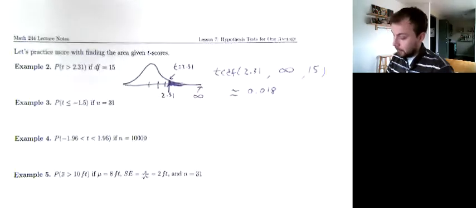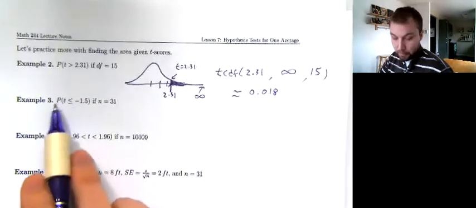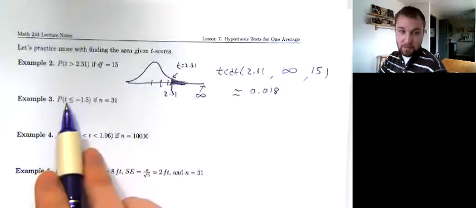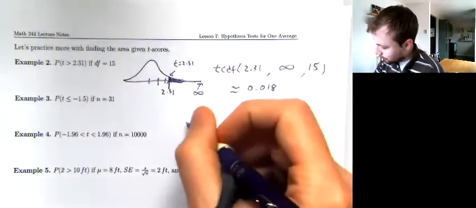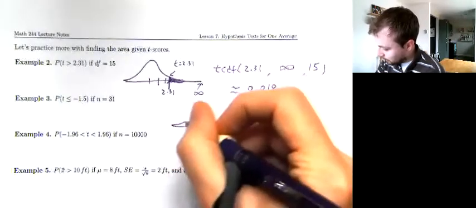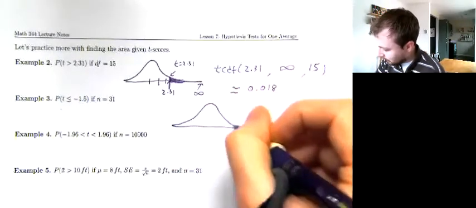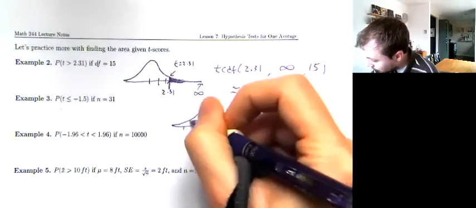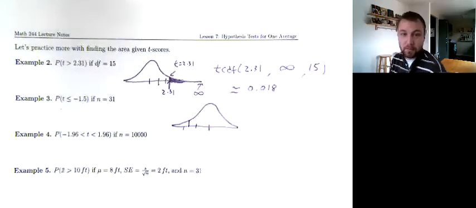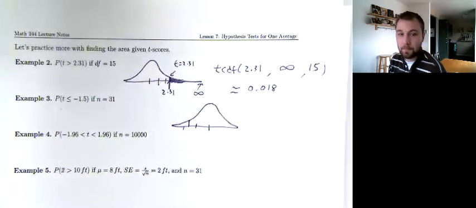Let's look at another one of these. Less than or equal. So it doesn't matter if this is less than or equal. I'm still going to find the area the same way. So if I'm trying to visualize this, this is 1, 2, it's halfway between 1 and 2 tick marks down.